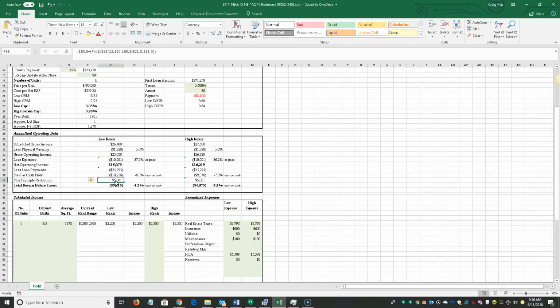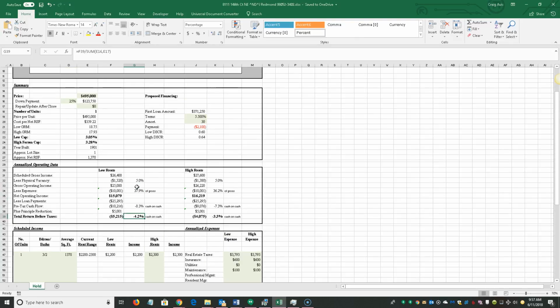Then if we factor in how much you're paying down your principal, that does help a bit and gives you a negative of $5,215 negative cash flow per year. Look at the cash on cash return on this. This is how much return you're getting on the actual cash.